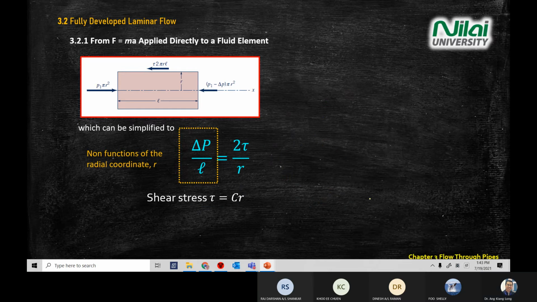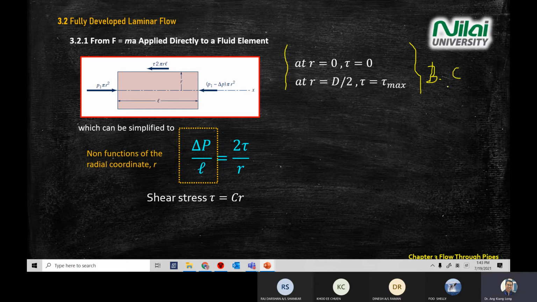Okay, I'm going to move fast. When you develop an equation, one of the strategies is to use boundary conditions. Boundary condition means that we look at R equal to 0, what happens to the shear? And R equal to the wall, what happens to the shear?